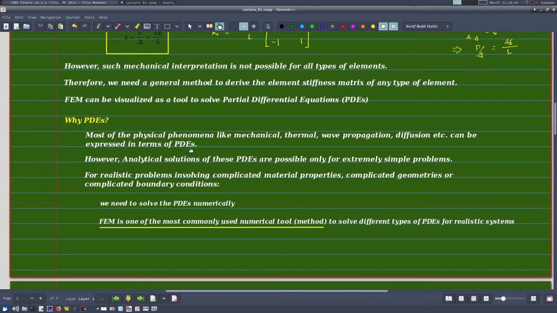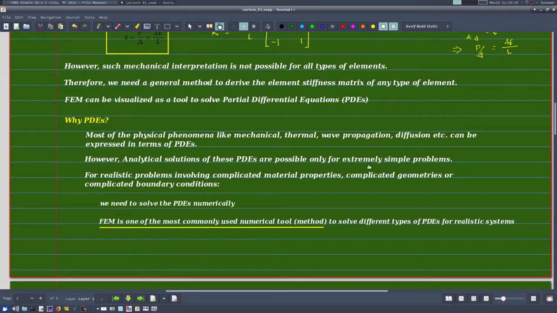Now the problem with these partial differential equations is that their solution cannot be obtained by analytical methods, by pure rigorous mathematical methods, for complicated domains and boundary conditions.